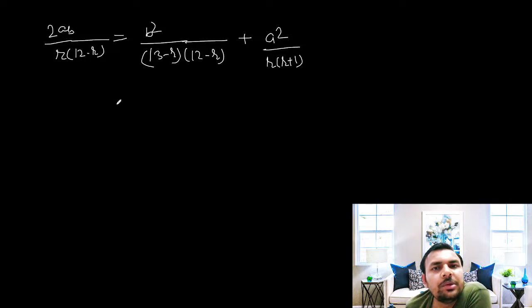We can do a equal to b equal to 1, and then what will happen?